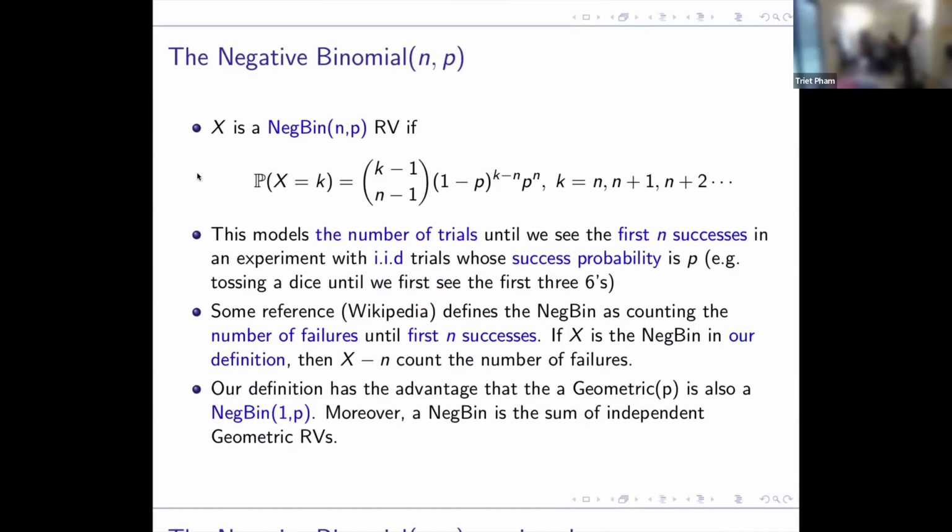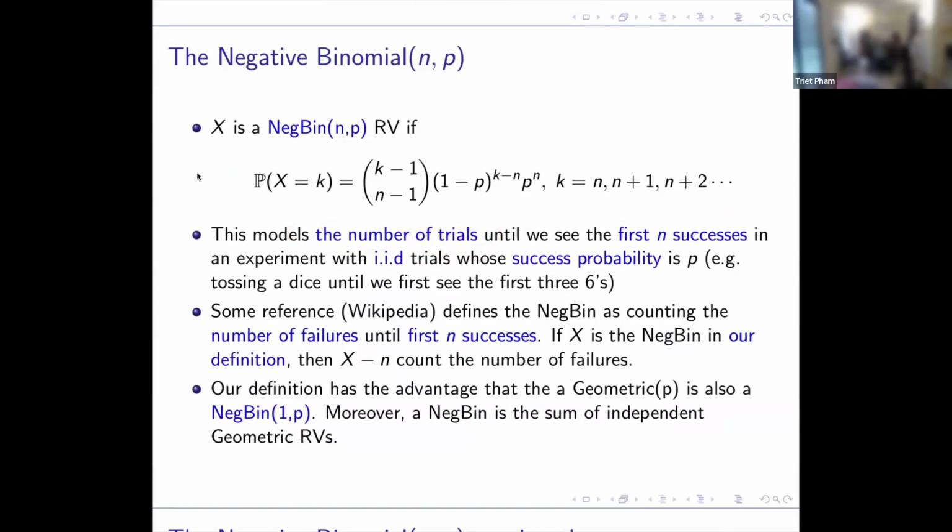The next natural follow-up to the geometric is the negative binomial. First of all, it has this mass function. Why is it a natural follow-up to a geometric? Because just like the binomial can be viewed as a generalization of the Bernoulli, the negative binomial is a generalization of the geometric.